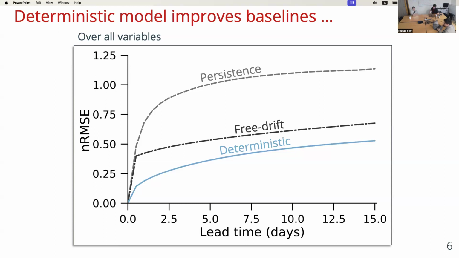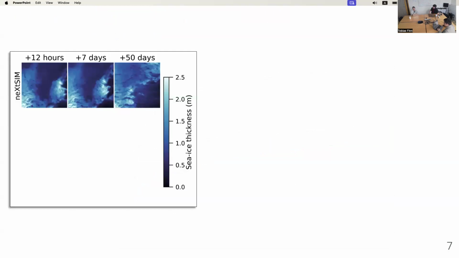However, I wouldn't be here if there weren't a problem. If we dig a bit into the results, here I show the CS thickness for 12-hour lead time, for 7-day lead time, and for a 50-day lead time. This is for neXtSIM, so our targeted simulations.